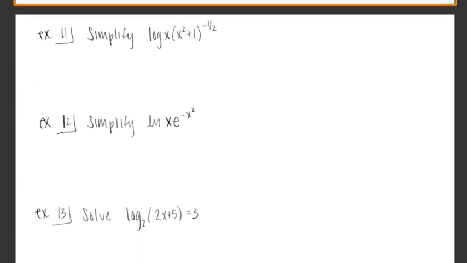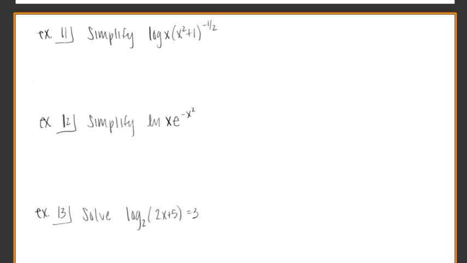Okay, example 11. I just want to simplify the log of, and it looks like we've got a big product in here. It's x times x squared plus 1 to the negative 1/2. So I've taken the log of a product. I can break it up into the log of the first thing in the product plus the log of the second thing in the product.